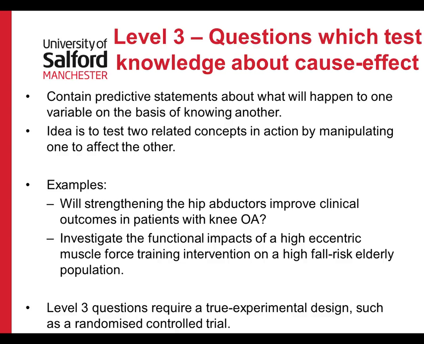Now, every level 3 question would require a true experimental design, such as a randomized controlled trial. And all of these true experimental designs will be discussed in more detail in the session on research design, which you'll receive in a few weeks' time.